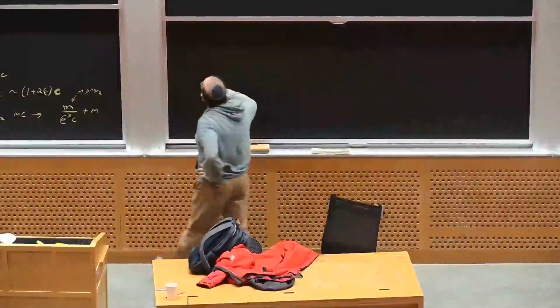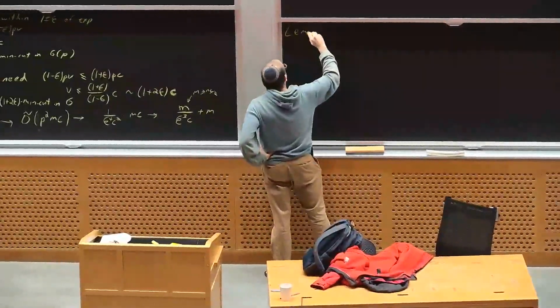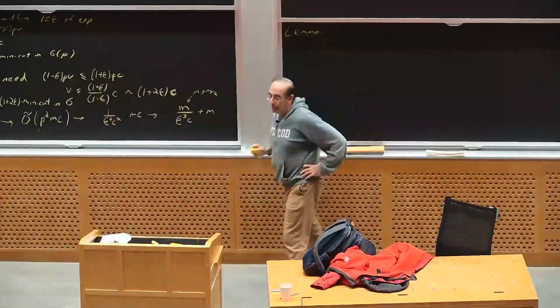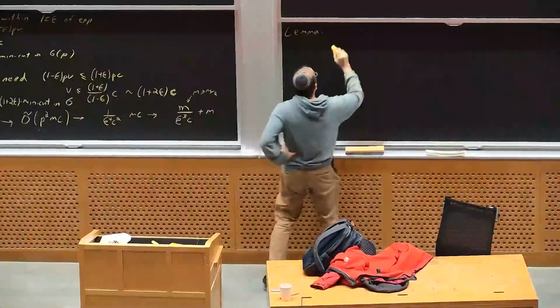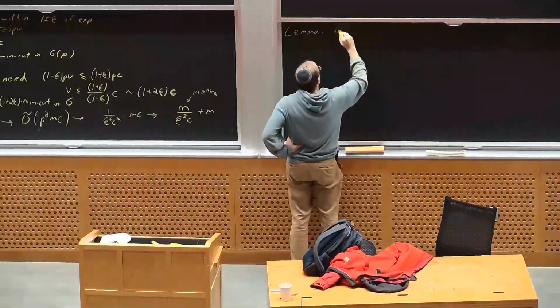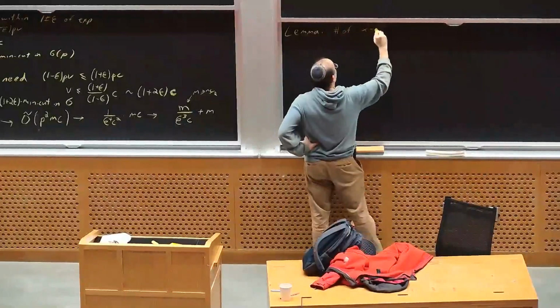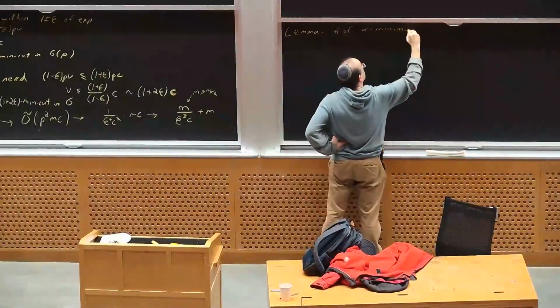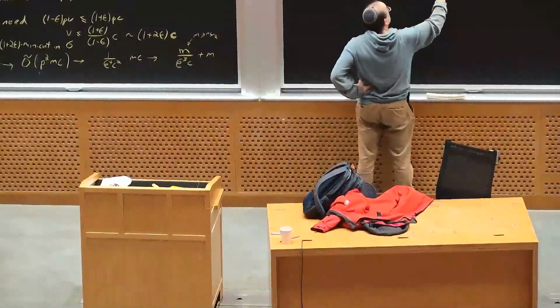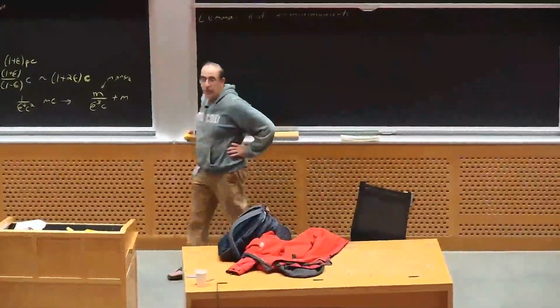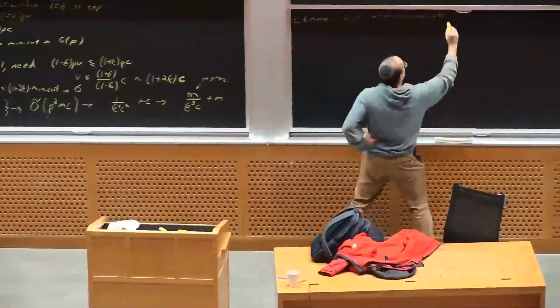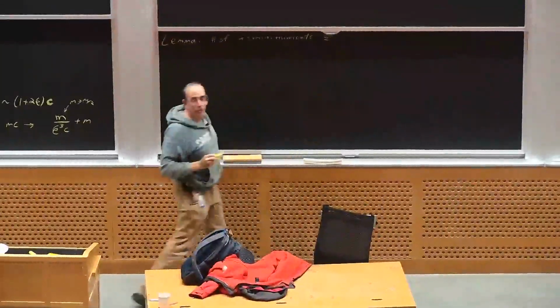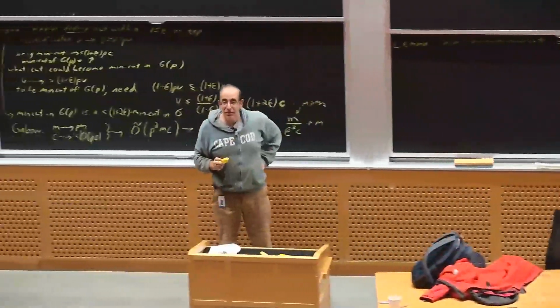So for that, I'm going to give you a lemma about the number of what I'm going to call alpha minimum cuts. I won't spoil the fun by telling you what the answer is.